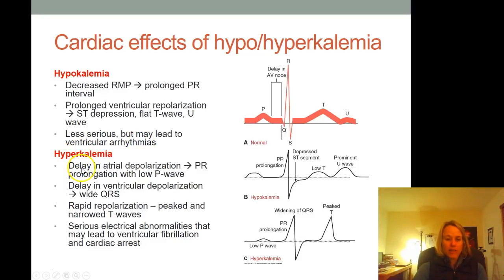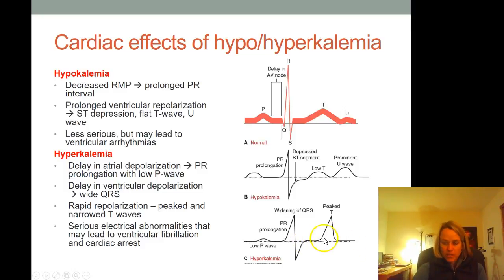With hyperkalemia, we have a delay in atrial depolarization, and this is going to result in a PR prolongation with a low P wave. We get a delay in ventricular depolarization, which leads to this wide QRS complex. Conversely, we get a rapid repolarization, and that's because we have so much potassium in the extracellular fluid, it just runs back into the cell.